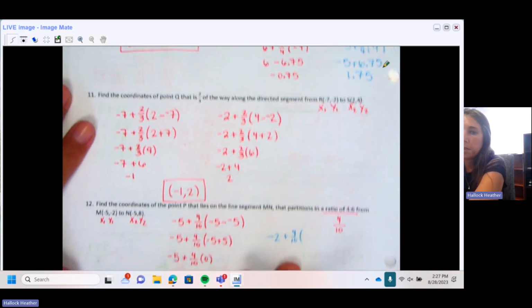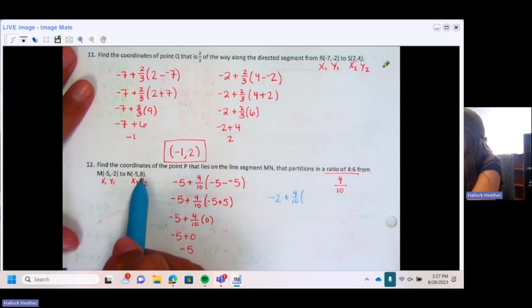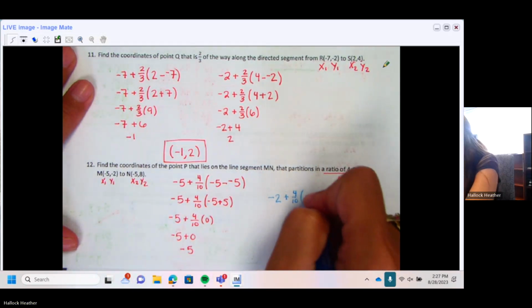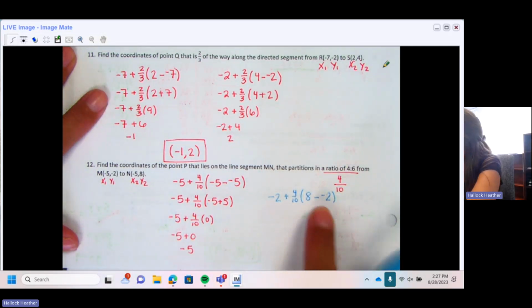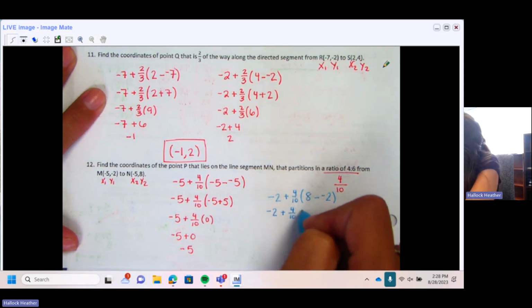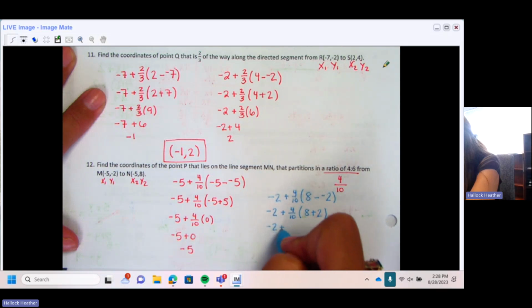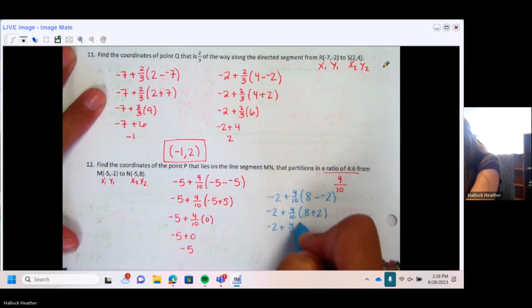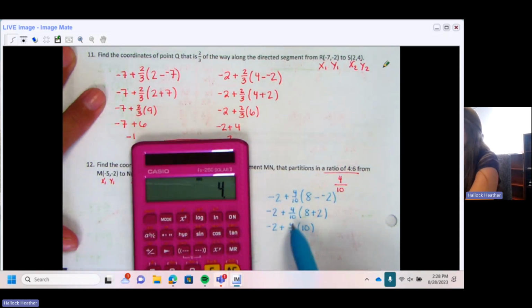So I have y1 plus my ratio as a fraction, and then I'm doing y2, which is 8 minus -2. 8 minus -2. If you are subtracting a negative, you're going to add it. So -2 plus 4/10, so you have 8 plus 2. 8 plus 2 is 10. -2 plus 4/10 times 10. It's going to look a little crazy, but I'm going to take 4, divide by 10, and multiply by 10.